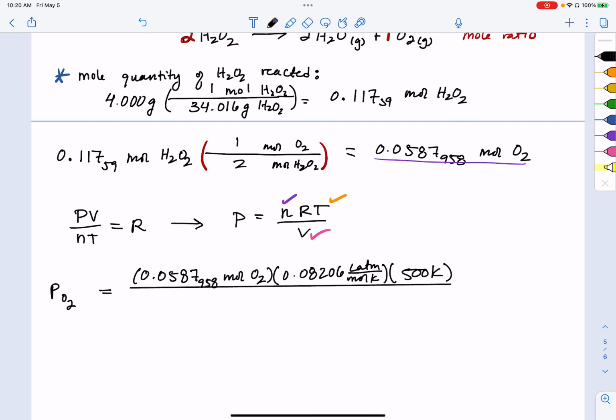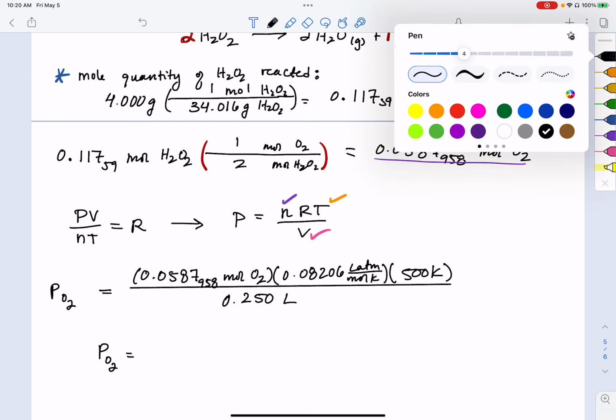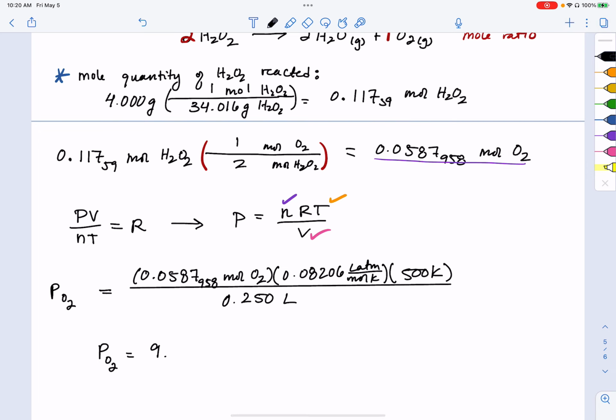That was 250 milliliters, moving my decimal place 3 places to the left, 0.250 liters. All right, so let's take our mole quantity, multiply it by our gas constant, 0.08206, multiply that by our temperature, 500 Kelvin, divide that by our volume, 0.250 liters. The pressure of oxygen gas that we get is 9.64957 atmospheres.